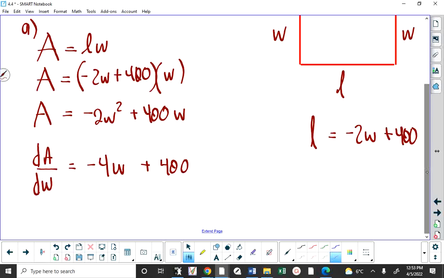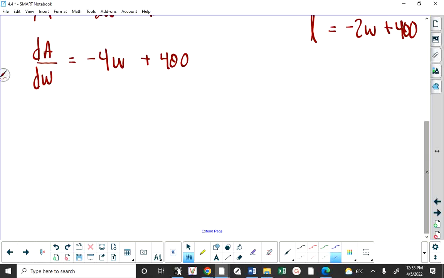If you want to be really slick about it, you're not even really solving an equation. What you're doing is factoring, and I can factor out a negative 4 and get W minus 100. So it's pretty clear without actually saying equals 0, the critical value of W is 100.